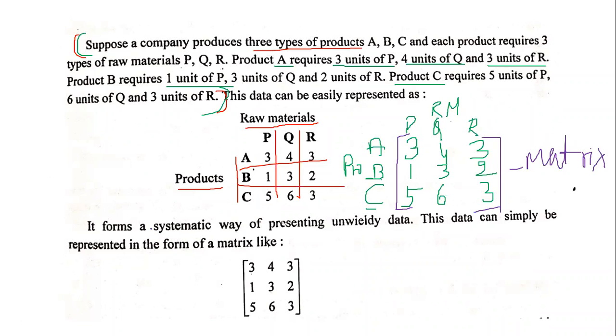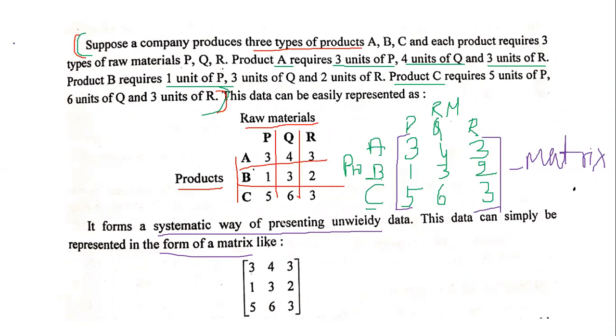So it forms a systematic way of presenting unwieldy data. The whole information that is there can be easily represented with numbers. And if you take out the ABC and PQR above, and only keep the numbers, that is nothing but the form of a matrix. So this is how we represent a matrix.